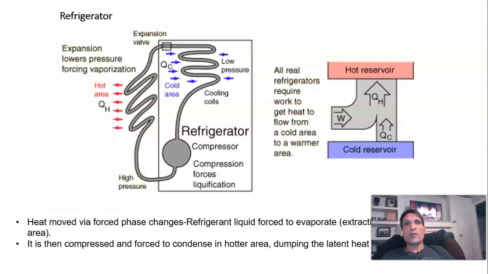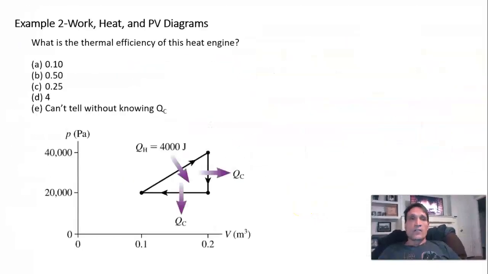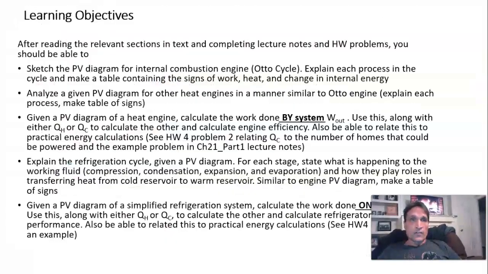Okay, we didn't cover that many engines and refrigeration types, but you should be able to understand the process for each of these. You should be able to go back to these unit learning objectives and do each of these on an exam. If not, come into office hours next week, a whole week before the exam to prepare.